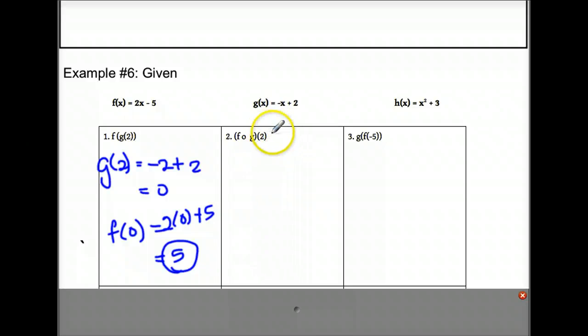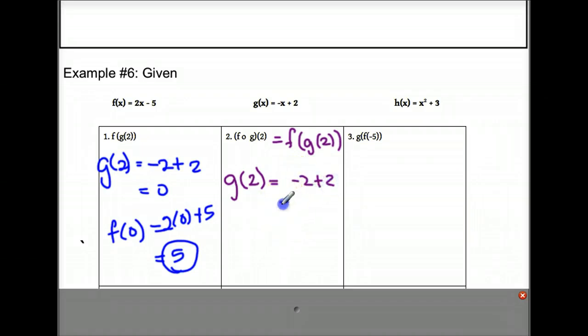Again, you're not sure about this? Rewrite it. f of g of 2. Same exact thing. Work inside first. g of 2 equals minus 2 plus 2, which is 0.